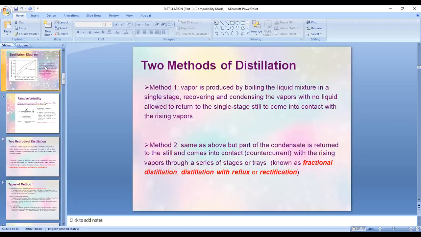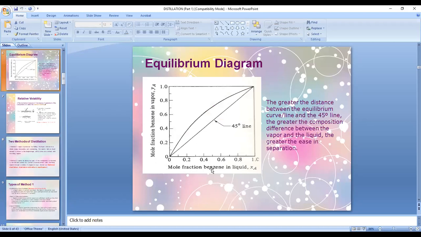This is our equilibrium diagram. So the greater the distance between this equilibrium line or curve from the 45-degree line, the greater the difference between the vapor and liquid compositions, and as such, it is easier to separate components.